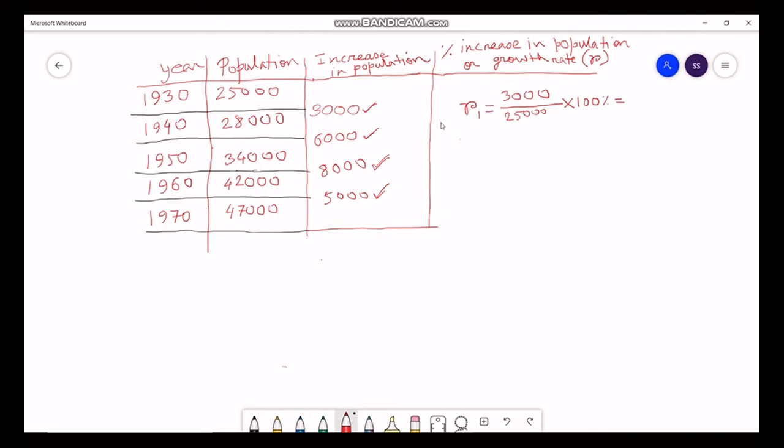So we get 12%. So between 1930 and 1940, the growth rate was 12%.